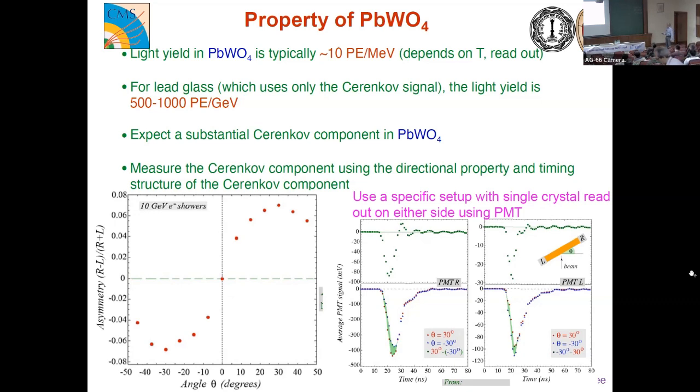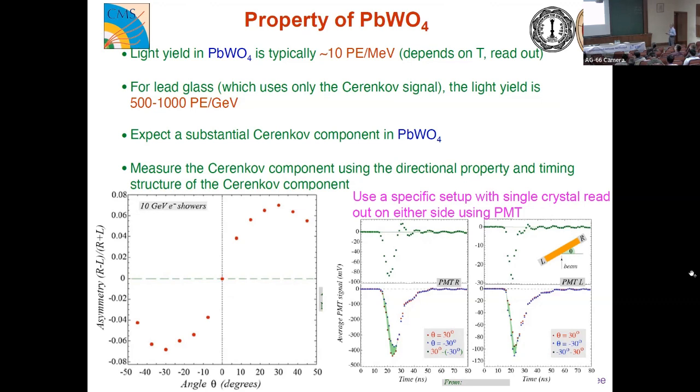An experiment was carried out by a team from Texas Tech, which tried to measure the Cherenkov component using the directional property and the timing structure of the Cherenkov component. What was done: you have one tungstate crystal with readout on either side.